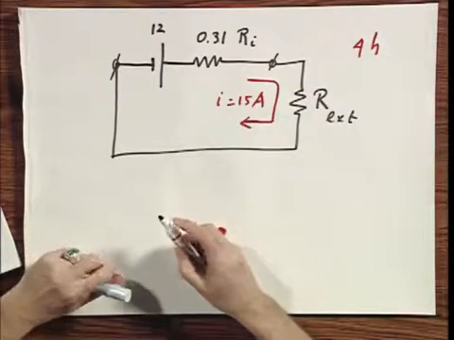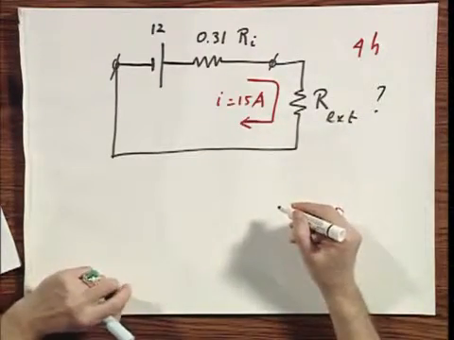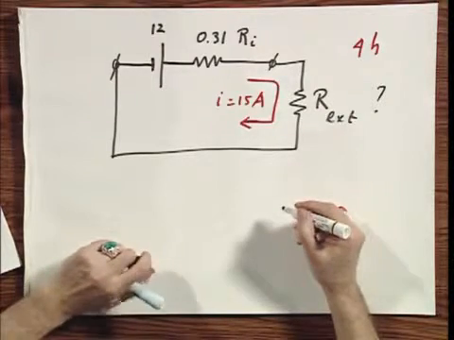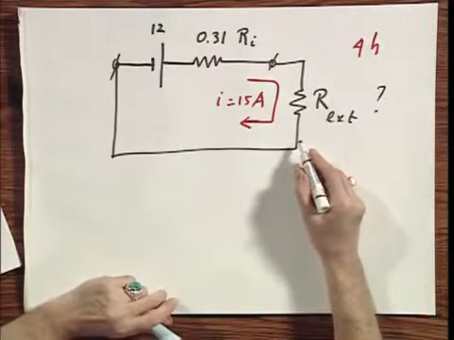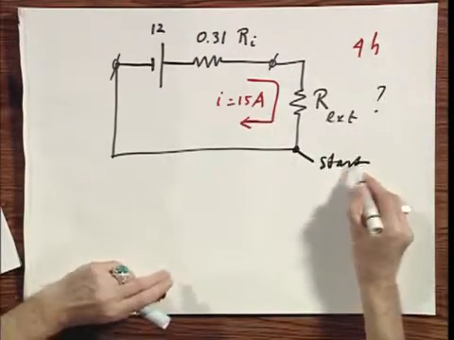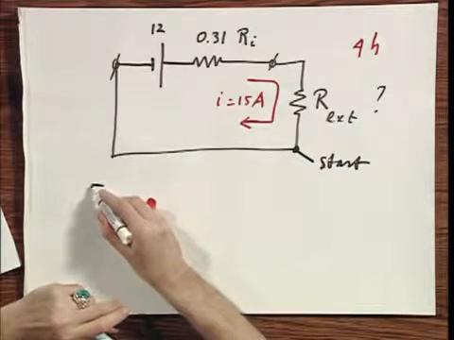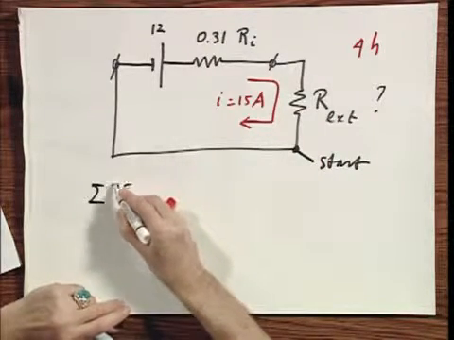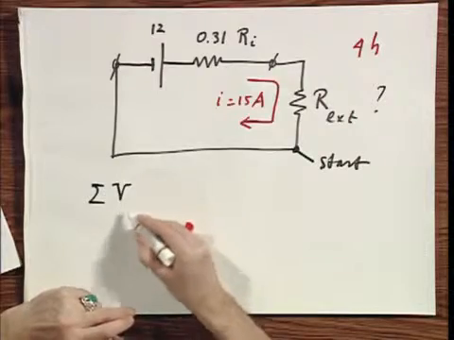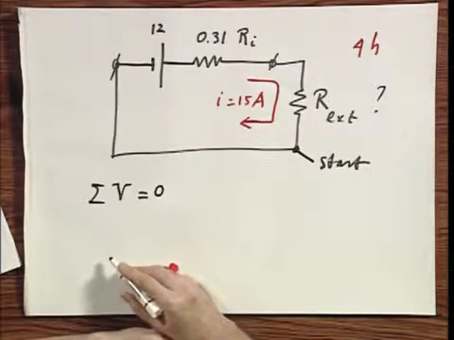And now what we are being asked is, what now is this external resistance? Well, I would suggest that we use Kirchhoff's law. We start here, we go all the way around the circle, and then the sum of all potential differences, I will write that down in shorthand notation, going all the way around, must be 0 in this problem.